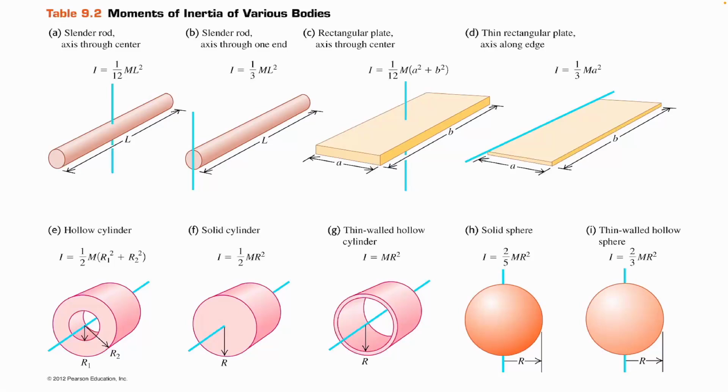So for example, if I wanted to find the moment of inertia, let's not do this wheel. This wheel's complicated. If I wanted to find the moment of inertia of a bowling ball, which shape do you think you might pick on the table? H, the solid sphere, because bowling balls are solid all the way through, right?